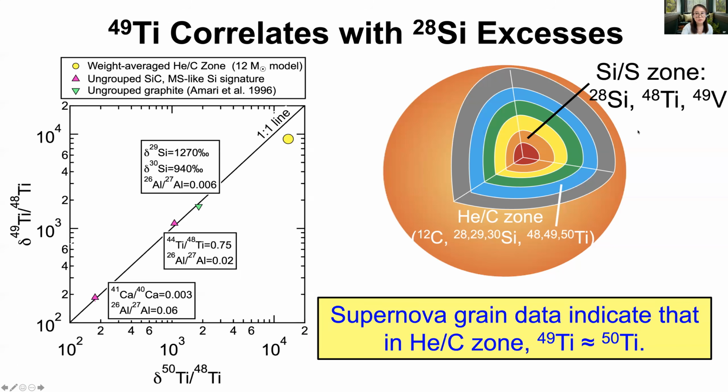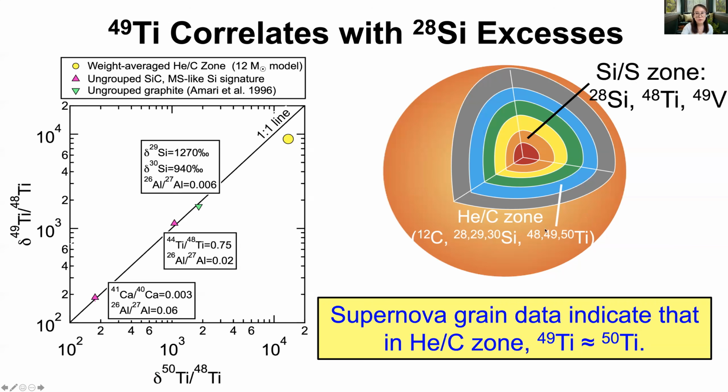What this means is that all titanium-50 count collected in X grain is from this outer zone. If we can figure out the neutron capture production ratio of titanium-49 to titanium-50, then we can simply use titanium-50 to subtract the contribution of this outer helium-carbon zone.